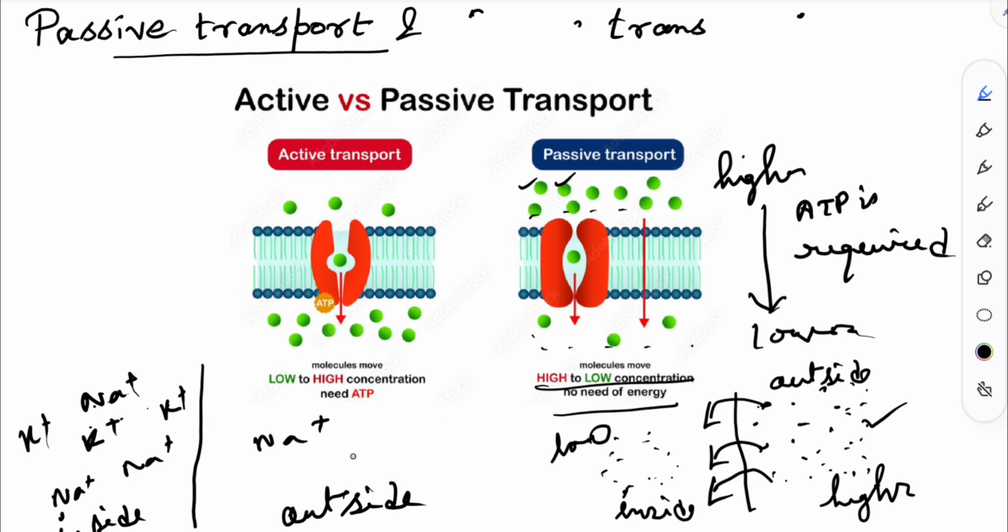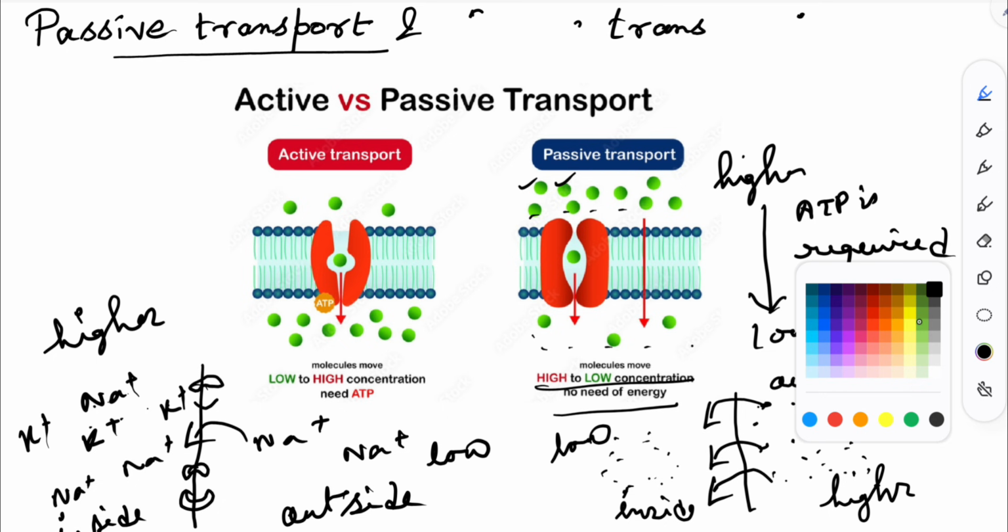Here the concentration is low, here concentration is high. Now, still the cell needs more sodium. So, in the cell membrane, there will be carrier protein. Protein channels or carrier proteins, whatever.